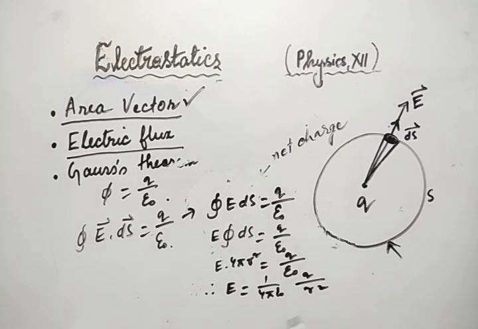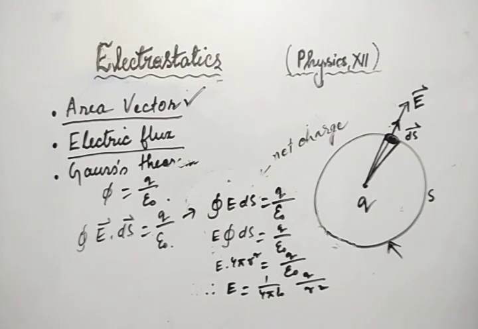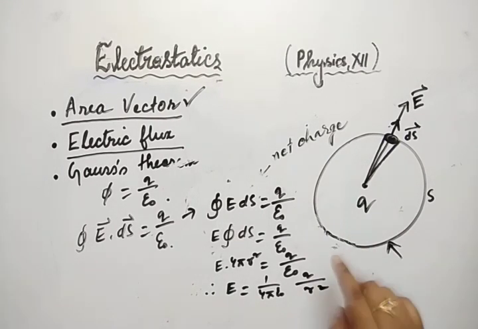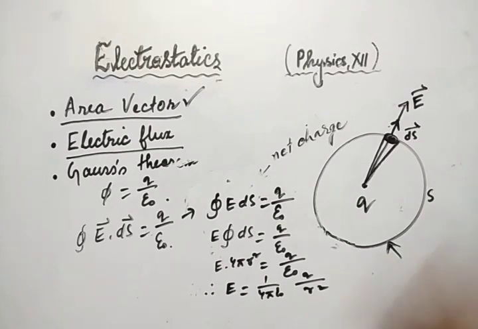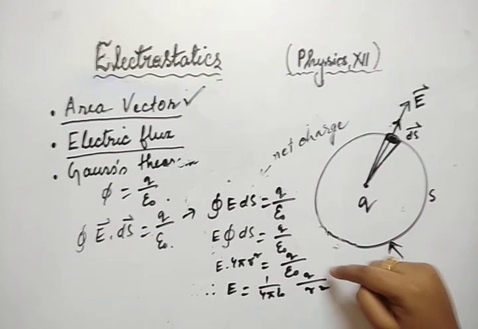If we arrange it, we will get this. That means it is the electric field that we get due to a point charge. It will be directed away from the charge along the radius, along all the radial directions it will be pointing.